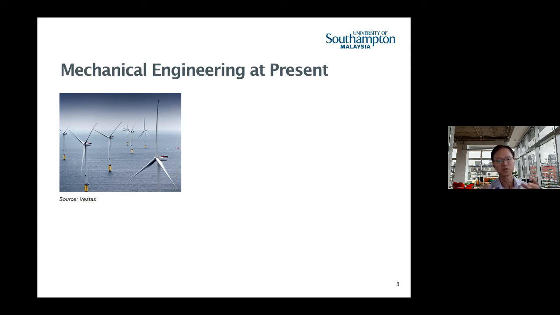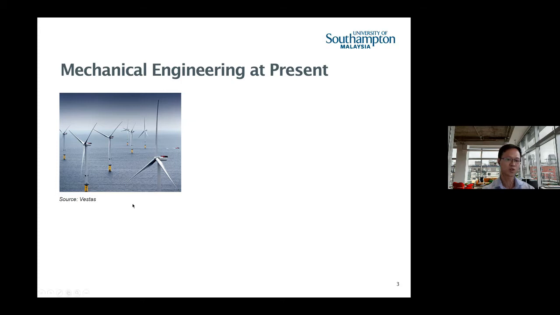What you are doing is taking the power from wind and converting it into electrical power so that we can use it in our daily lives. For a mechanical engineer to be able to design a wind turbine that harvests wind energy, you need to have the fundamentals in mechanics. You also need to have the fundamentals in fluid mechanics as well. So all of that you will get from a mechanical engineering education.